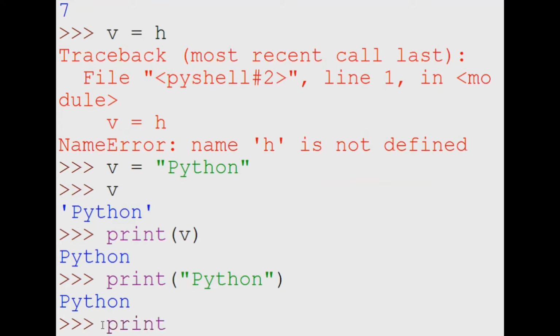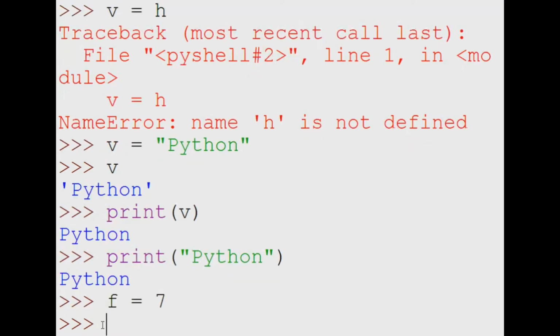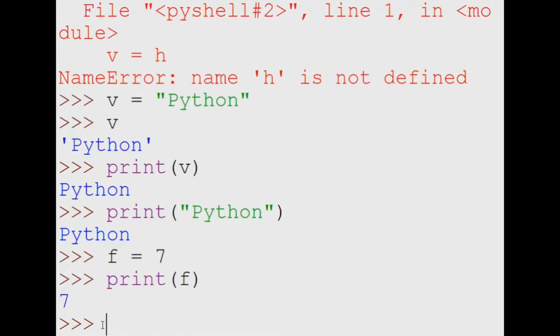Wait, I am taking a variable f is equal to 7 and I type print, and in it I type f. It will give us the answer, the value in f.